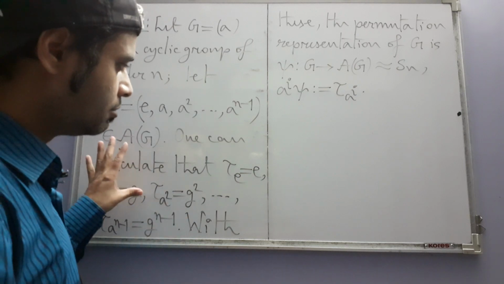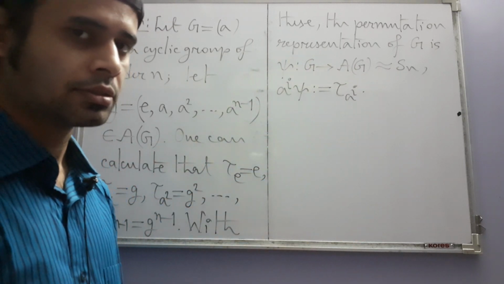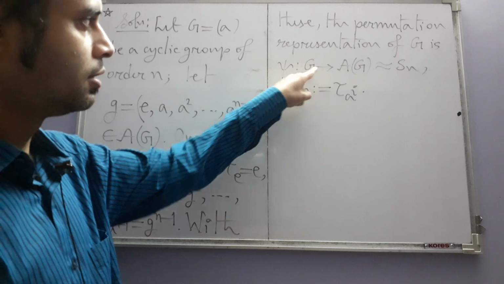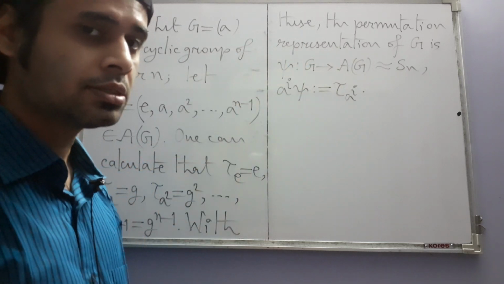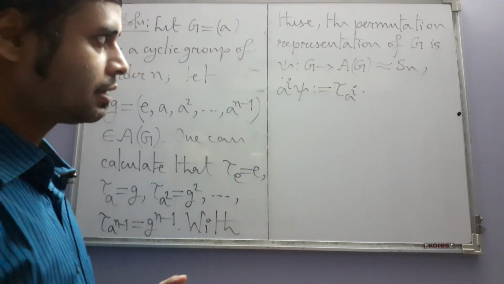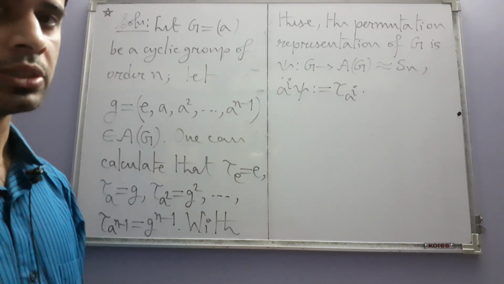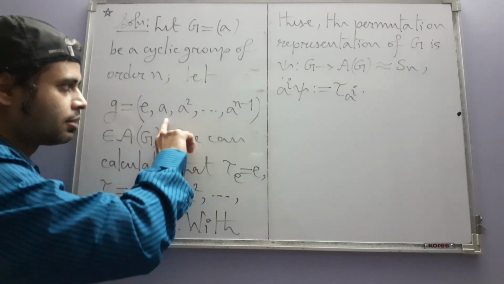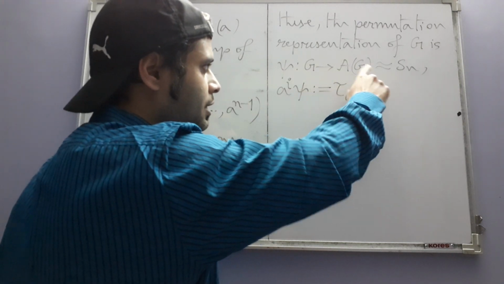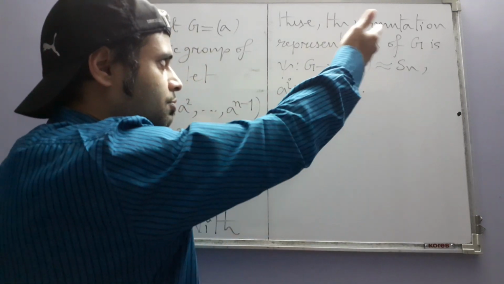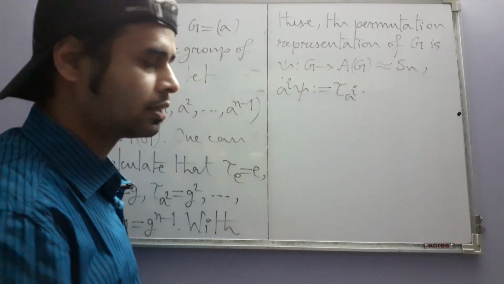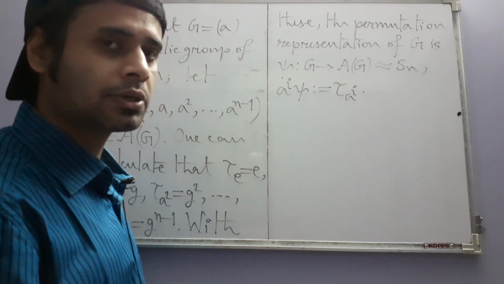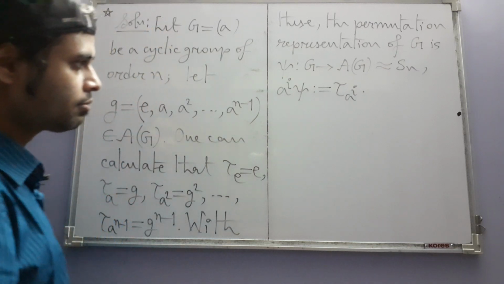So we represent the group somewhere else. This type of homomorphism gives us representations, and in general they are called representations. Here we are representing the group inside a permutation group, so that is why we get a permutation representation. Like that, other representations are also there.